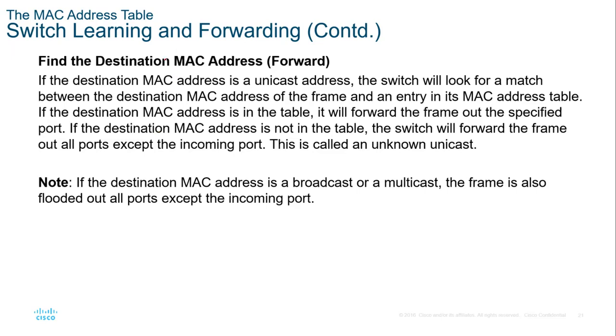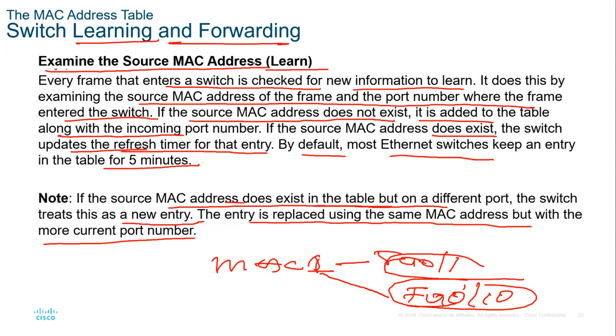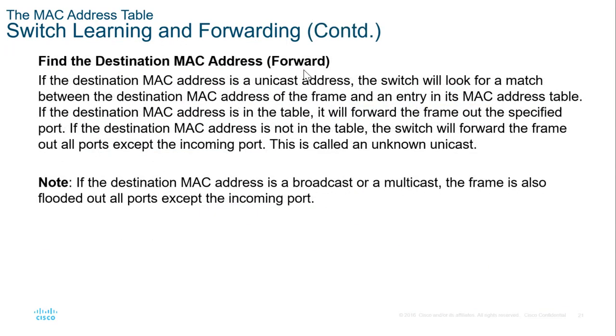Then find the destination MAC address. Remember, the previous one was learning. Now the switch is learning the MAC address. Now the switch has to find the destination MAC address. The MAC addresses, maybe 1, 2, 3, 4, are listed in the MAC address table.